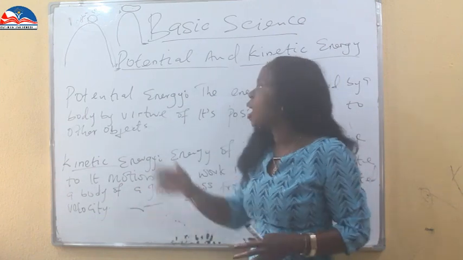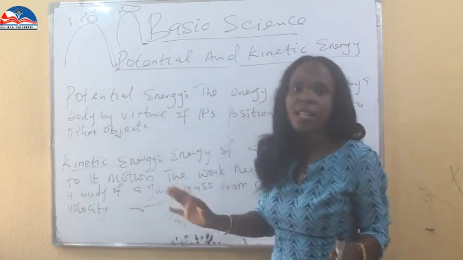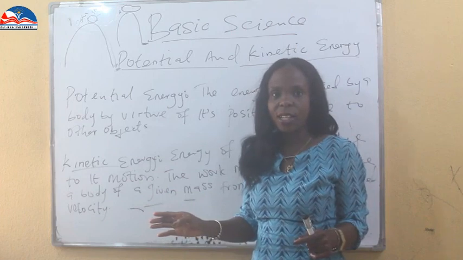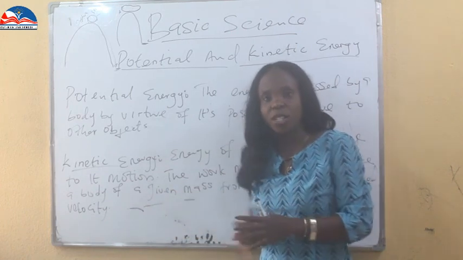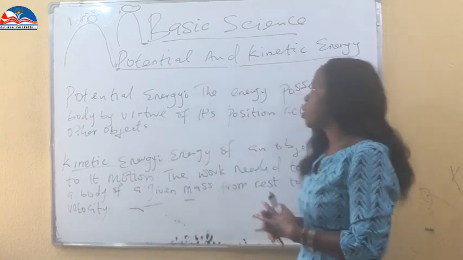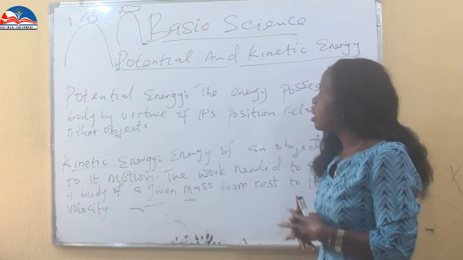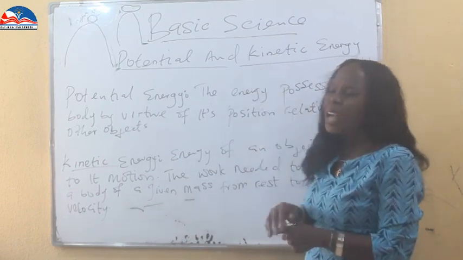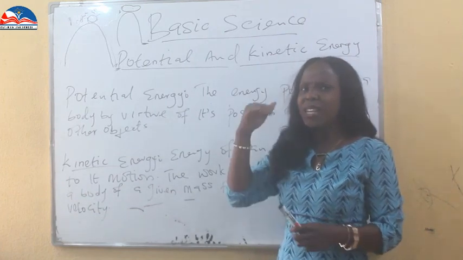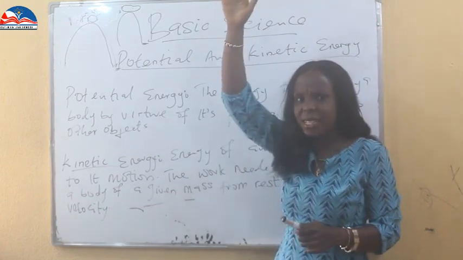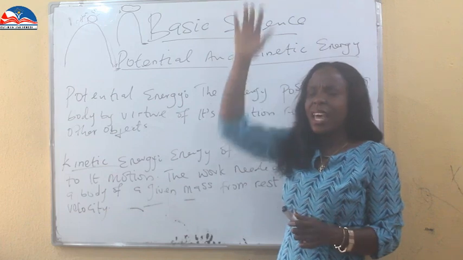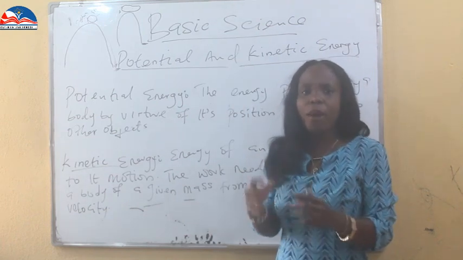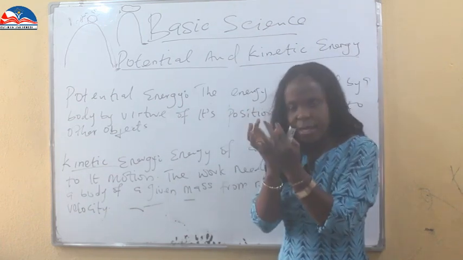Now we are going to see how this example can help us to explain kinetic energy. We have seen potential energy. We've seen that potential energy is an energy possessed by a body by virtue of its position. So that means that the body will take a height, and the body will have a mass.